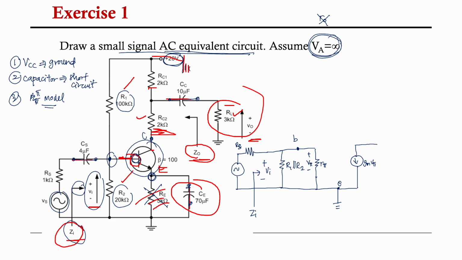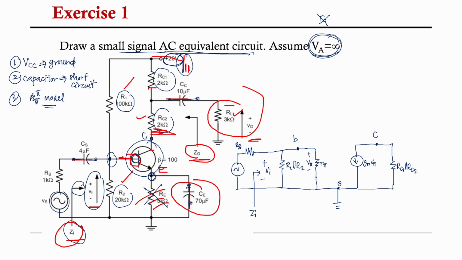At the collector junction, we have two resistors, RC2 and RC1. Both of these are in parallel, so RC1 parallel with RC2, and it is connected to ground because it goes to VCC.